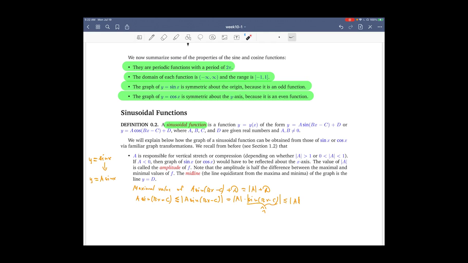Just to think how to obtain this algebraically. So this here is certainly true.